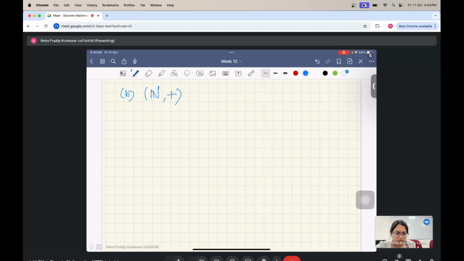Let's again ask the same questions. Closure: if you add any two natural numbers, you will get back a natural number. So closure is guaranteed. Again, associativity is guaranteed.